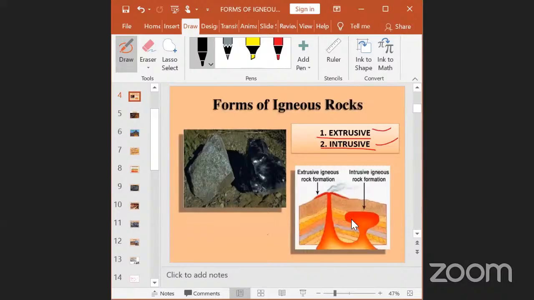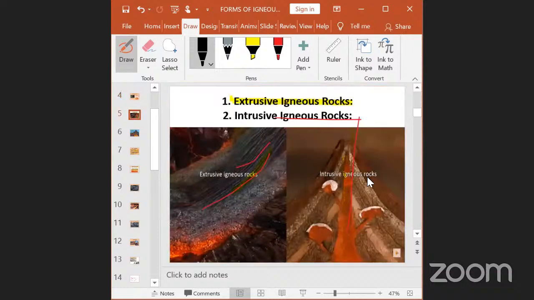You see here the difference between intrusive and these extrusive ones. This is magma coming out from the volcanoes.